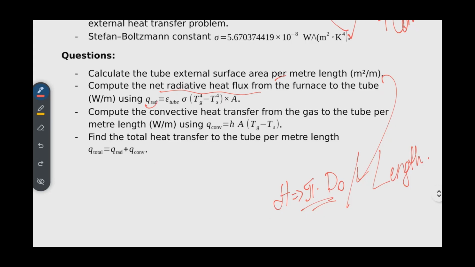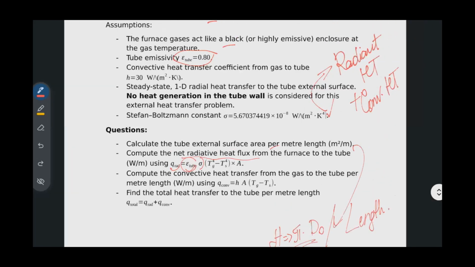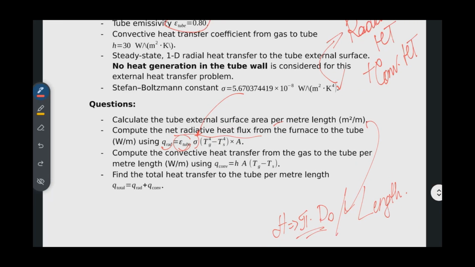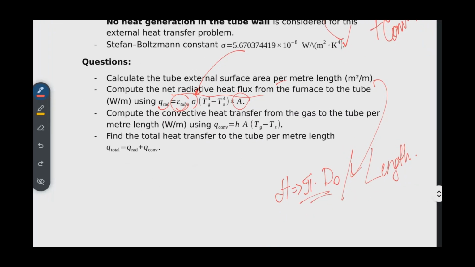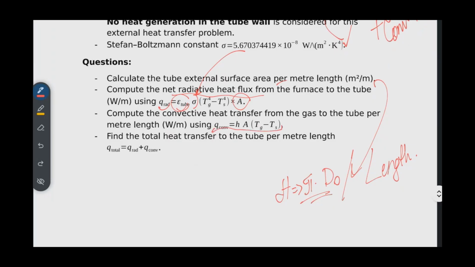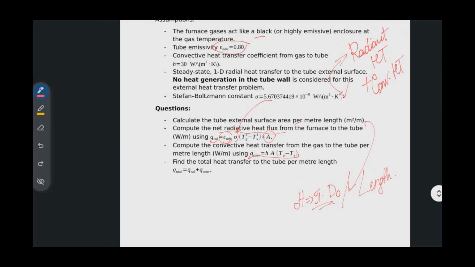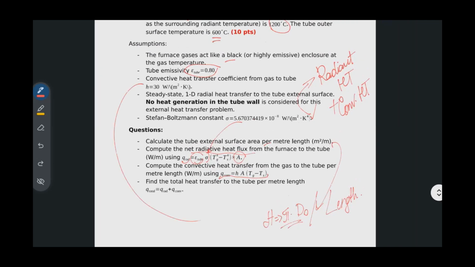Again, Q radiation is equal to Stefan-Boltzmann constant, emissivity, which is given here, 0.8, T. Boltzmann constant is here. T gas minus T surface. You have the gas and the surface temperatures as well, and you will multiply by A that you have found before. Then convection. So you have this law, which is hA multiplied by T gas minus T surface, the same again. You have, I think, the h as well, yes, 30. You will put the same and you will calculate the Q.